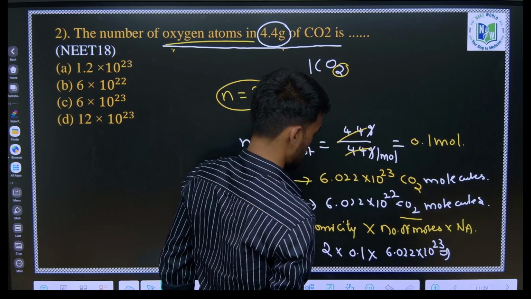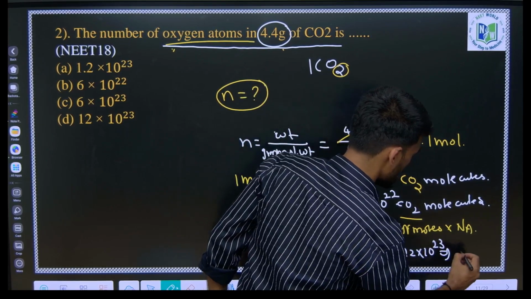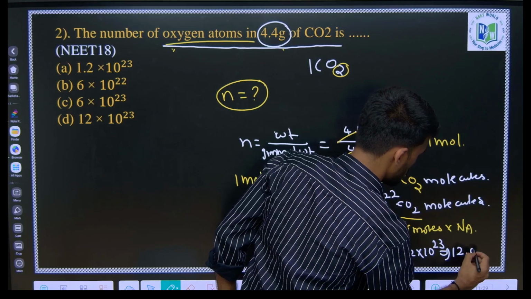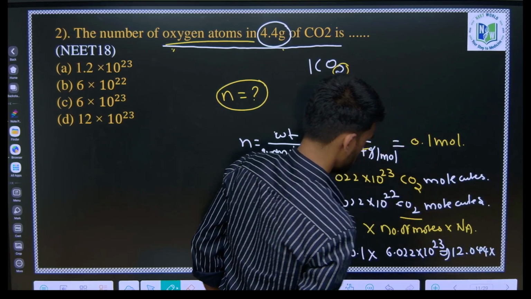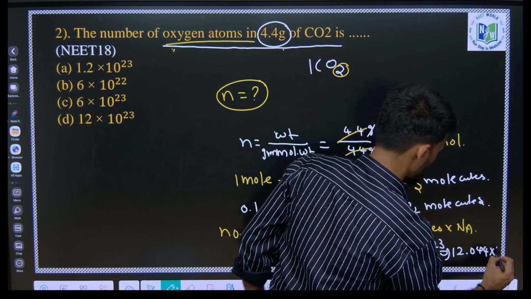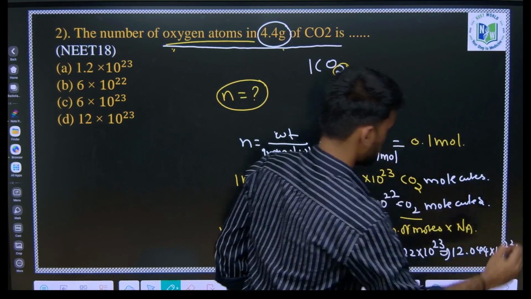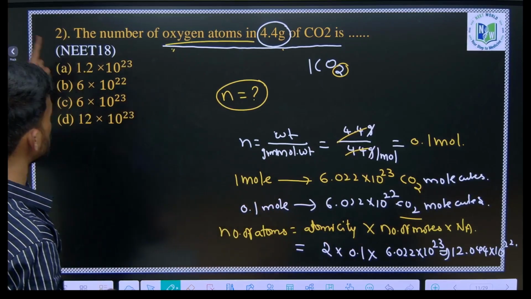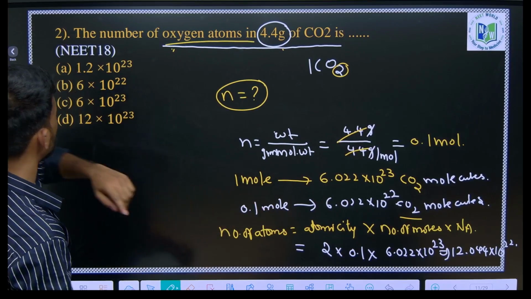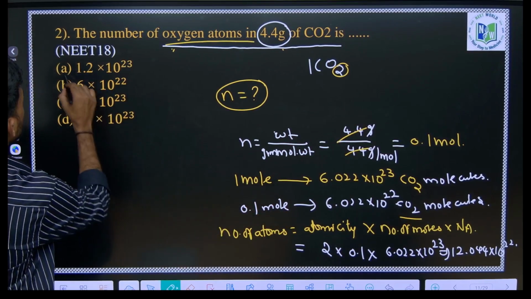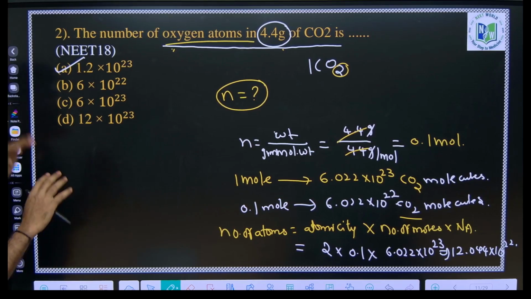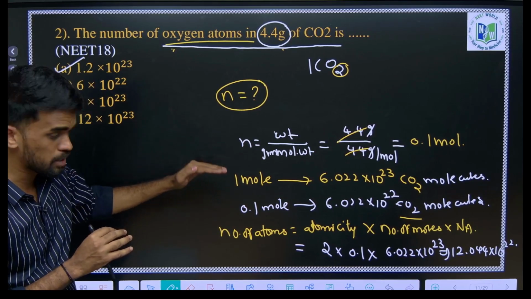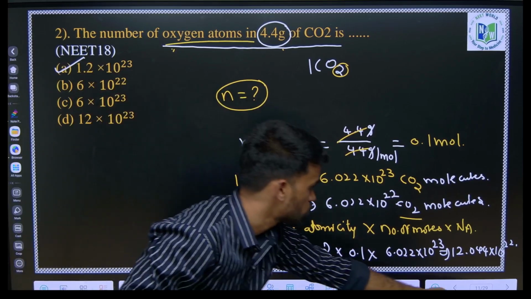Therefore we get 12.044 into 10 power 22. So this is how you can do it. Choose the option here. If I adjust it to 1.2, we are going to get the first option. I hope this is very clear. I have given a complete basic idea on this type of question.